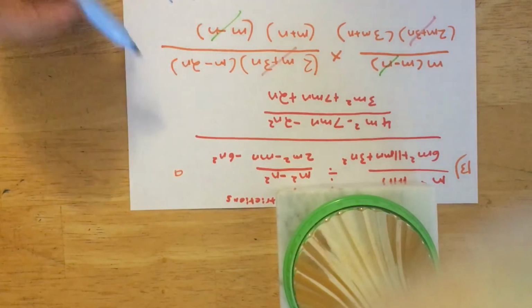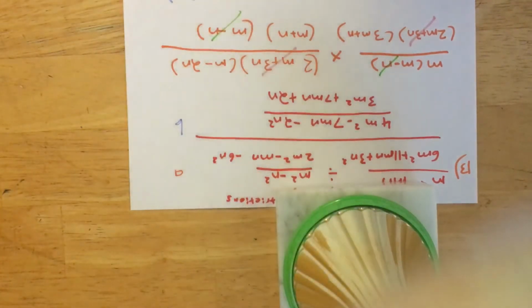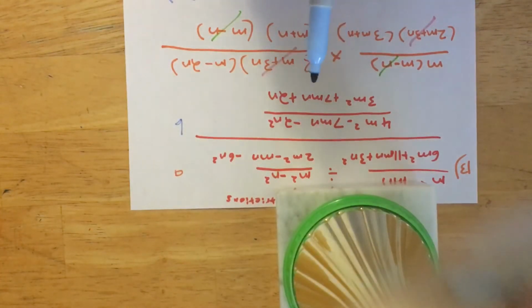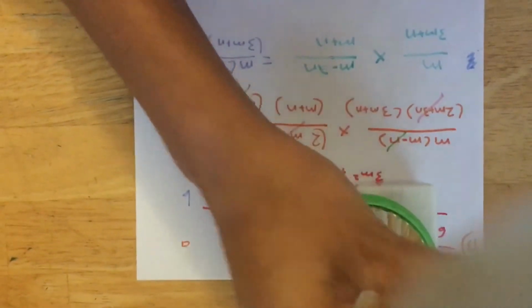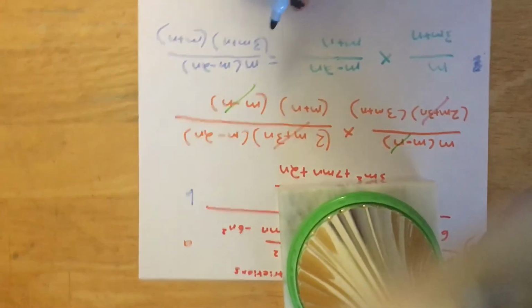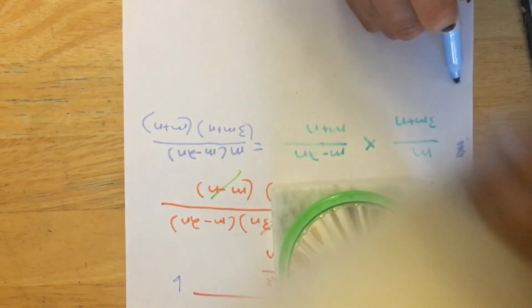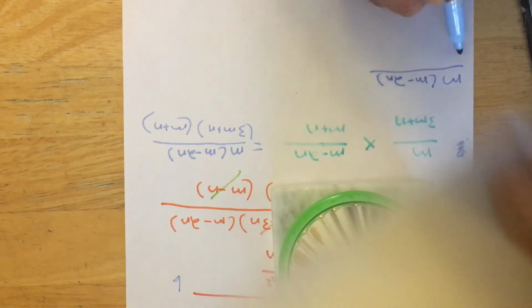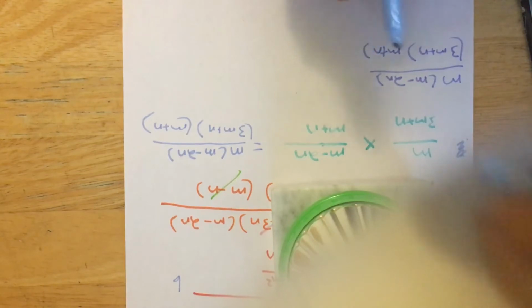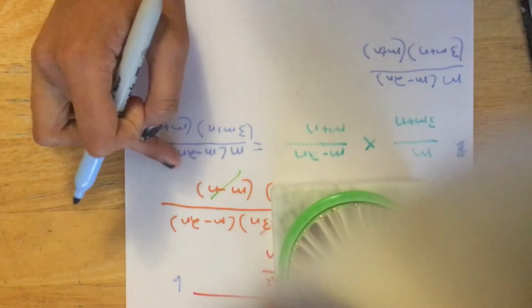And now we have part B on the bottom that we're also dividing by. So just so you can see that, I'm going to write m minus 2n over 3m plus n, m plus n, which is just what we had come up with as the total, the product up over here.